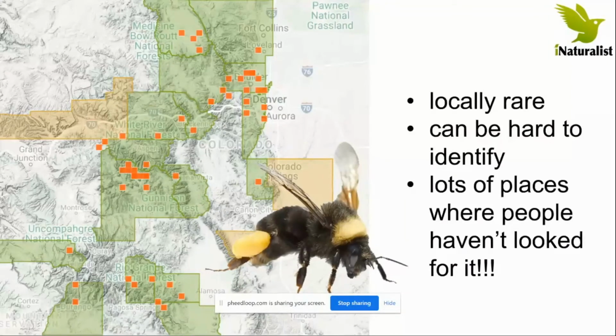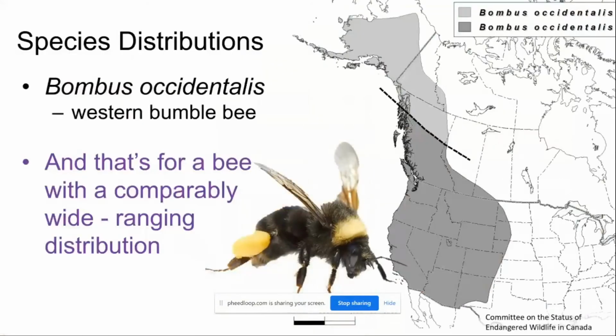Most of the records for Bombus occidentalis come from along the Front Range, like Denver or Boulder, or in areas where people are often frequenting for outdoor adventure, like Rocky Mountain National Park, right? Not very many people are looking for this bee out on the Eastern Plains or in the western half of the state. And that's for a comparably wide-ranging species. Remember, this bumblebee occurs over most of the western half of the country.